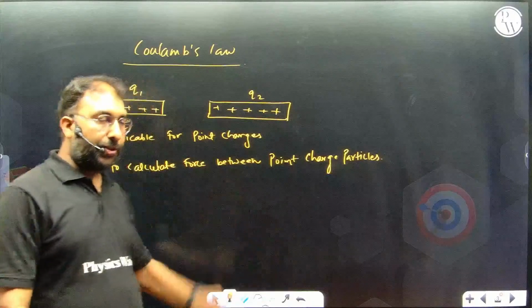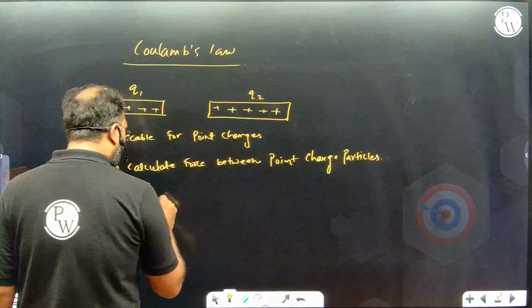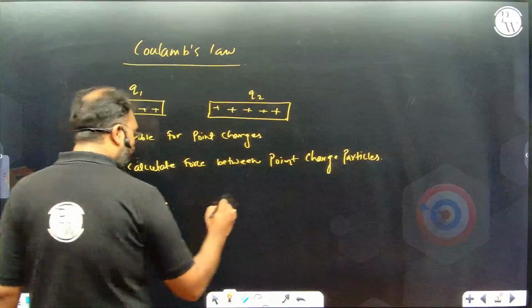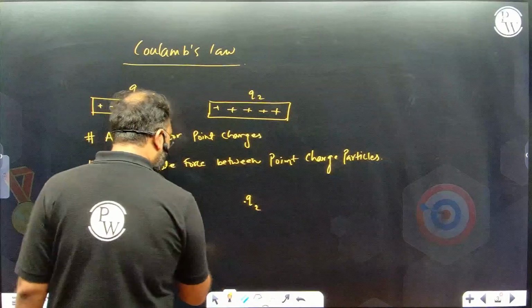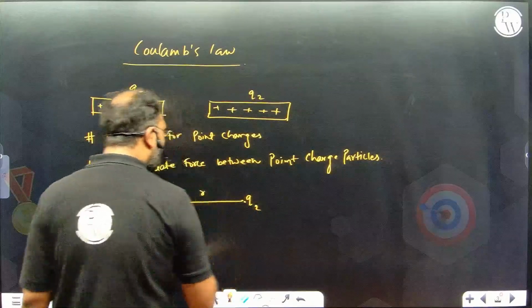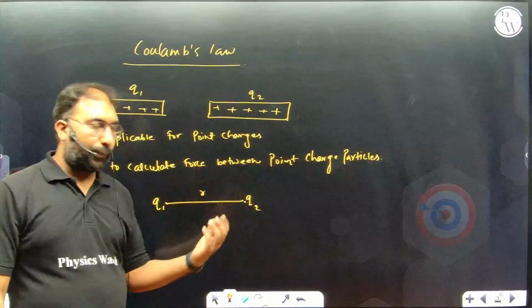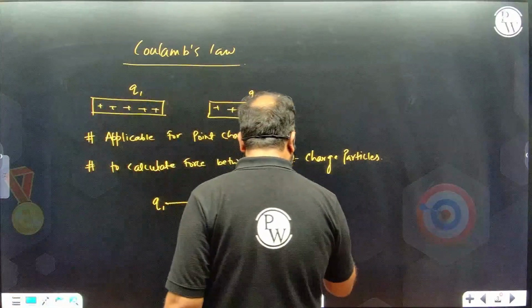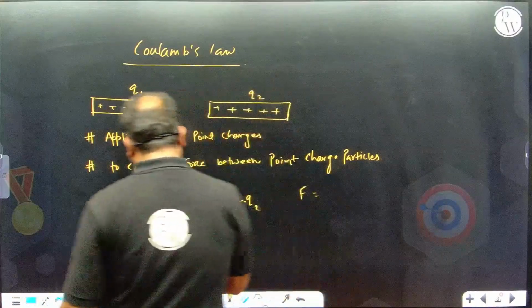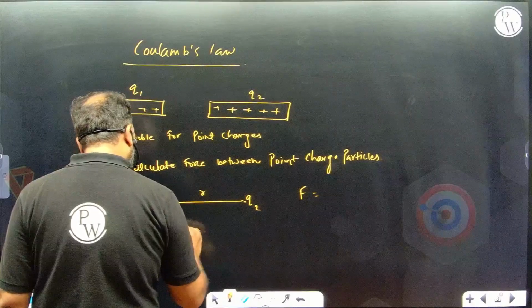So what is the expression? The expression states that if I am having charge q1 here and another charge q2 here, and the distance between these two charges is, let's say, r, and both are point charges, then the force between them, and the medium I have taken to be vacuum or air.